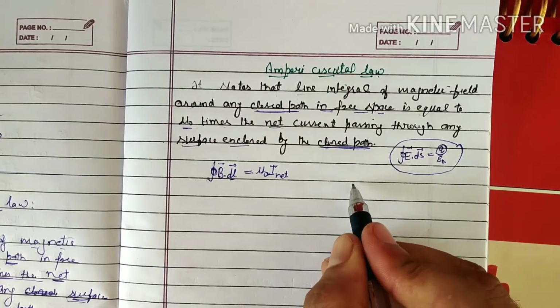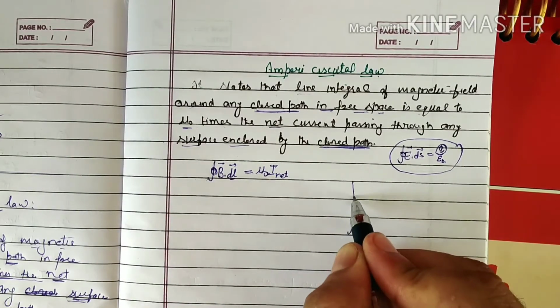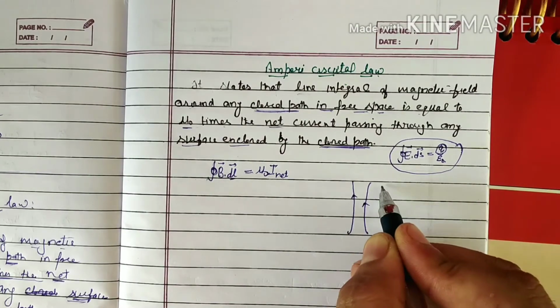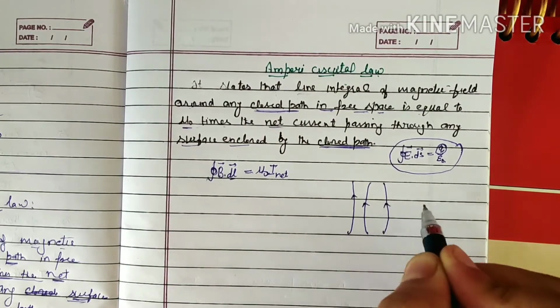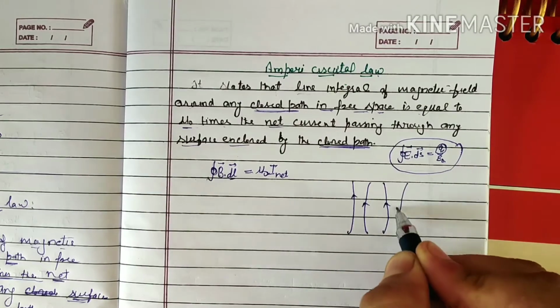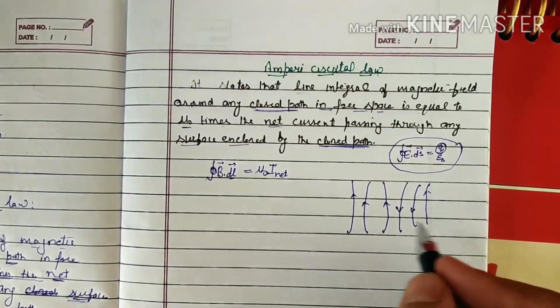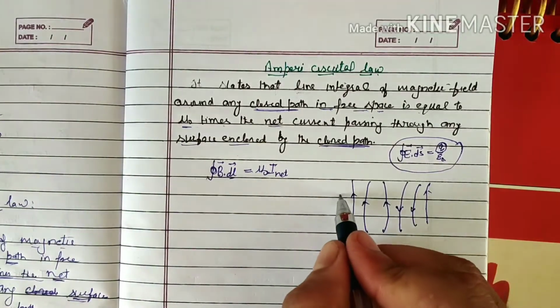Suppose here we have a network of different wires, where current is flowing in each wire. Suppose we have this type of arrangement with a number of wires, and in each wire the current is flowing.